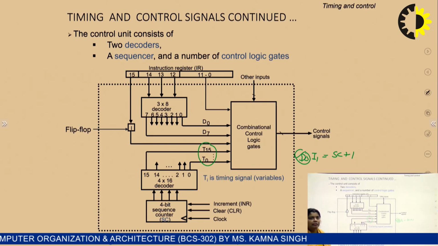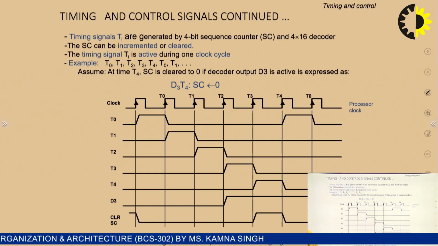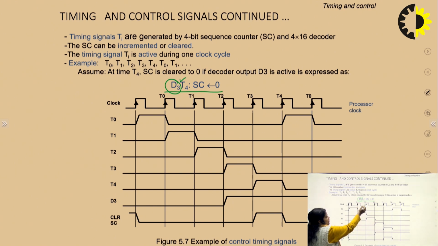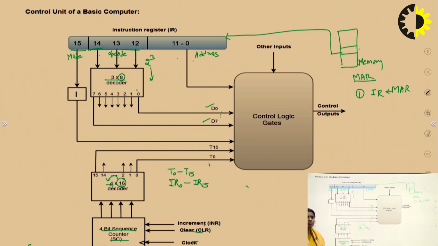Just as an example, you can see here D3 T4: SC is 0. It means when the D3 signal is activated at time T4, the sequence counter will be cleared to 0.